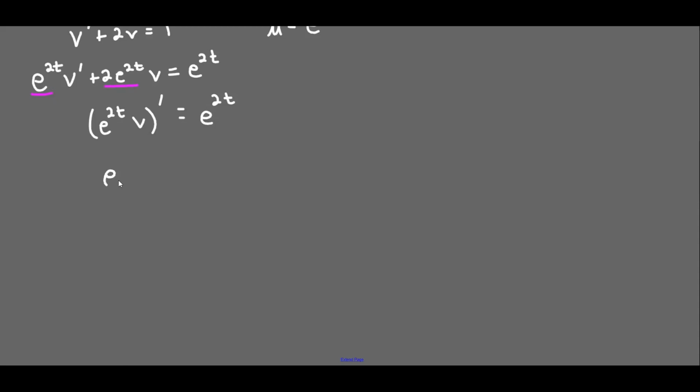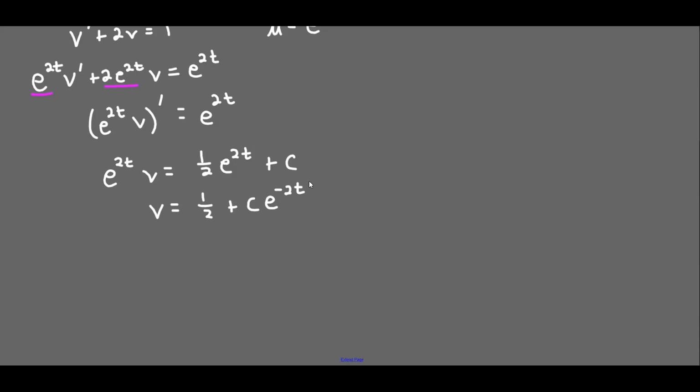And take the antiderivative of both sides. So that would be 1/2 e to the 2t plus c. And then let's multiply by e to the negative 2t on both sides. That would give me 1/2 plus c e to the negative 2t. So we've solved it for v, but we really want y, right?